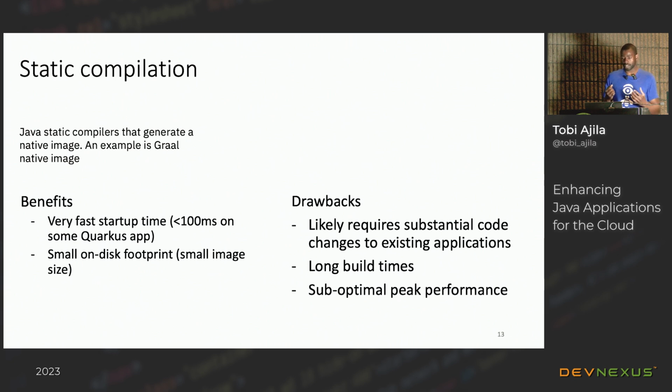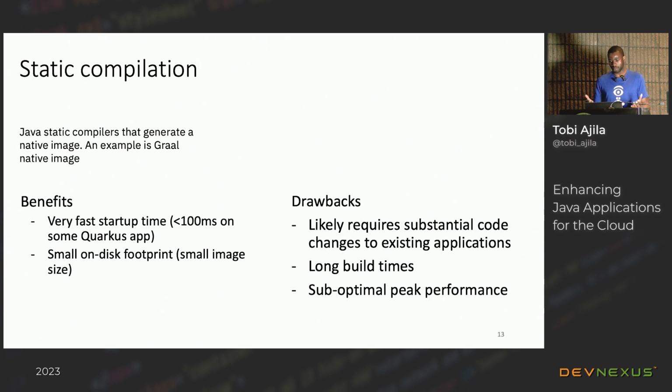So with static compilation, you essentially avoid all of these startup costs, and once you start the application, it just goes. I think the most popular example now is GraalVM native image, if you're familiar with that. There's another project that I believe Red Hat's working on called Cubic CC. Similar thing, it's a Java static compiler that generates a native image.